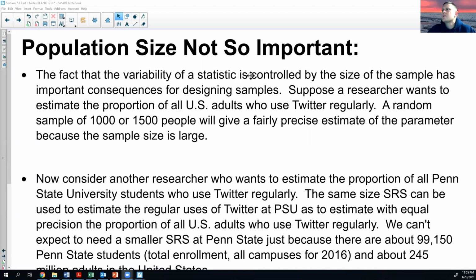Okay, so population size is not so important. It's really the sample size that matters. If you're taking a sample size of, let's just say, 10,000 people, it doesn't matter whether the population is 10 million or 1 million, you're still taking the sample size of 10,000.